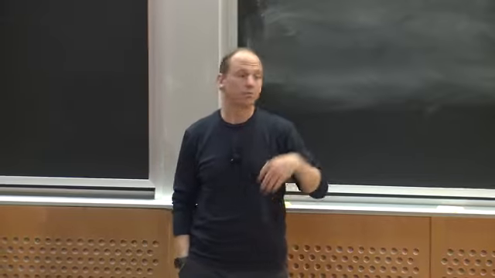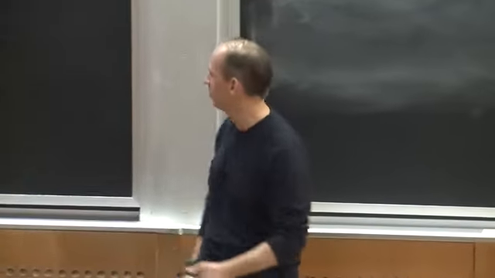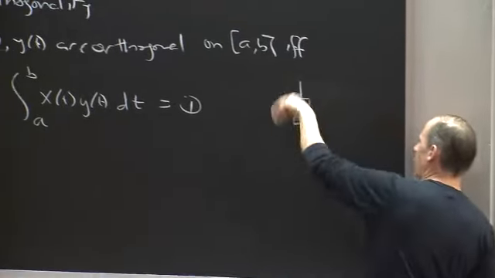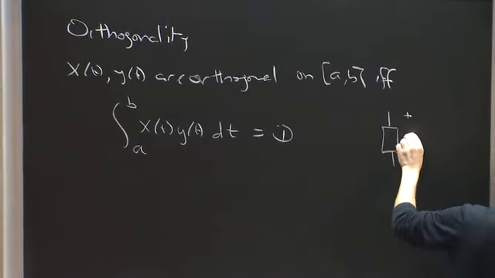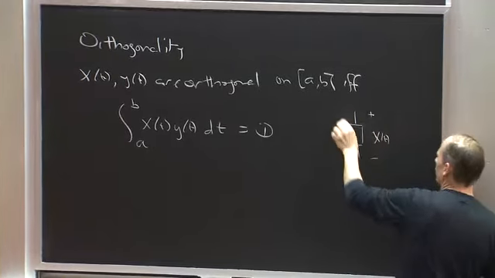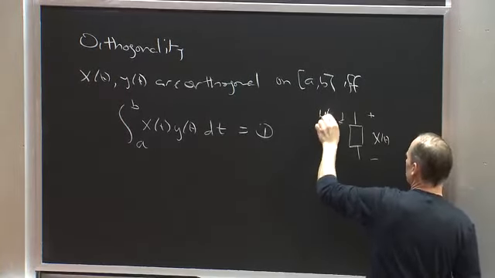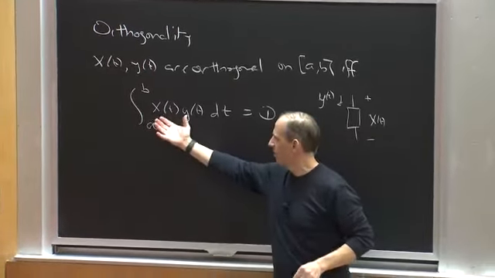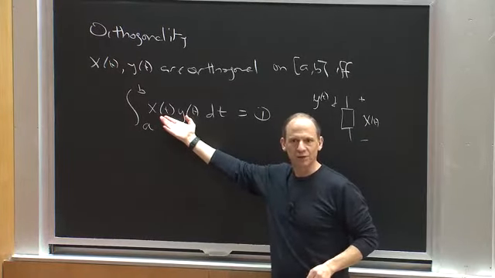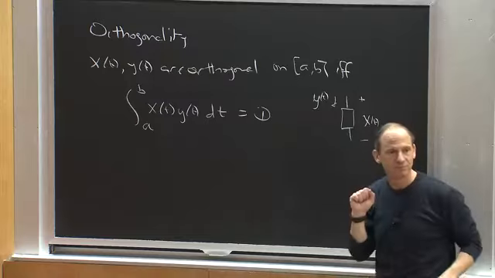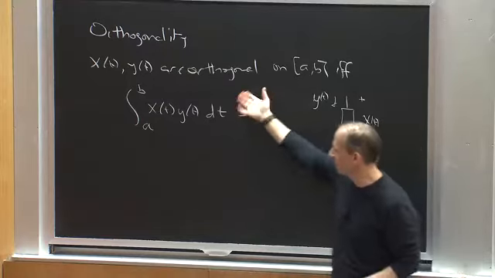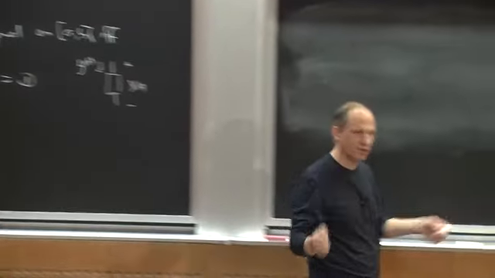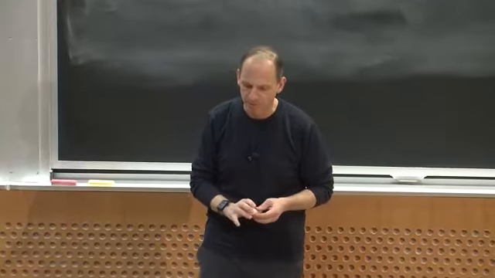What that implies, among many other things, is that if I had some element and I had a voltage, say the voltage was x of t and the current was y of t, that would suggest that over that interval of time, x of t and y of t would conspire to deliver 0 energy into the element. So we have a general definition for orthogonality, and it has some implications about voltages and currents if I use it for that.